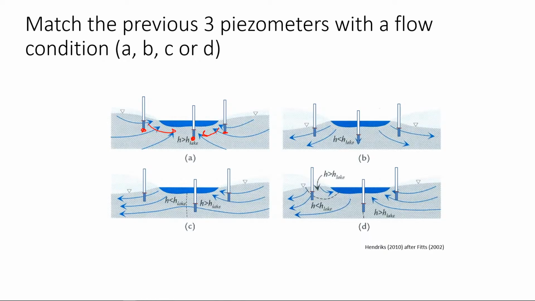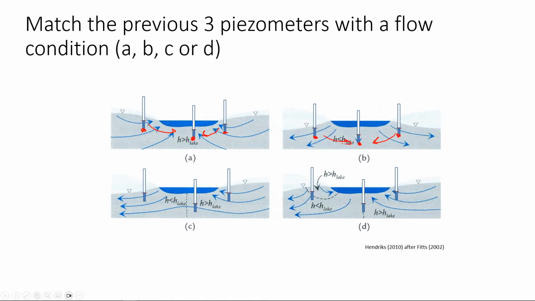How about here? Here I have these heads that I'm measuring. Here is higher than here, which means I have flow from here to here. And this is the head that I'm measuring here, which means I have flow from here to here.